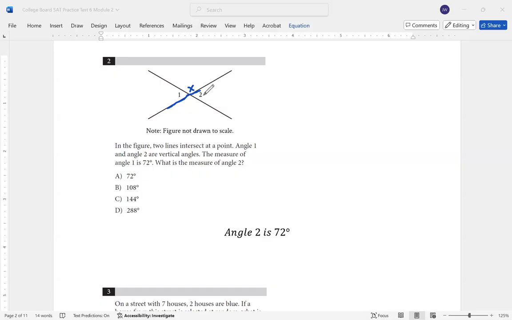But also, angle 2 is on this line with angle x, so angle 2 plus x has to also add up to 180. So since angle 1 plus x has to add up to 180 and angle 2 plus x has to add up to 180, x has to be 108. And then angle 2 also has to be 72 degrees. Therefore, the answer to question 2 is A, 72 degrees.